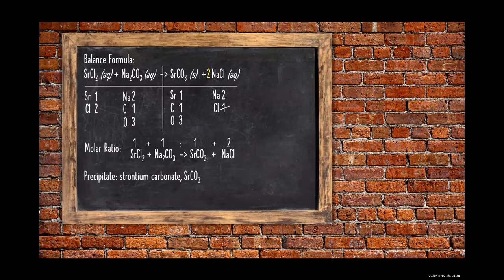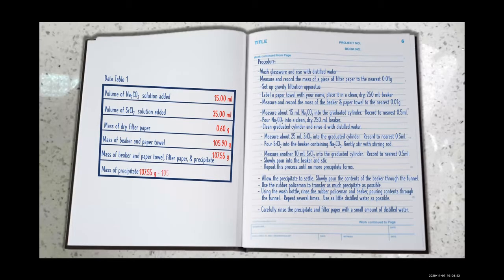Our precipitate is strontium carbonate, and the mass of the dry precipitate is found by subtracting the mass of the beaker and paper towel from our final dried product. Our product was 1.65 grams of precipitate.